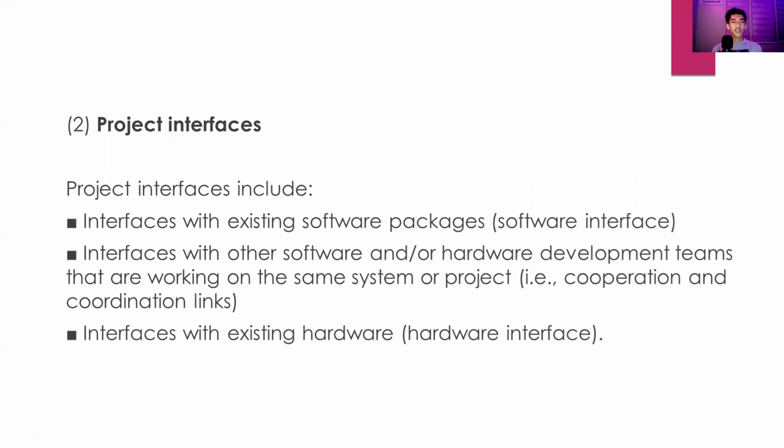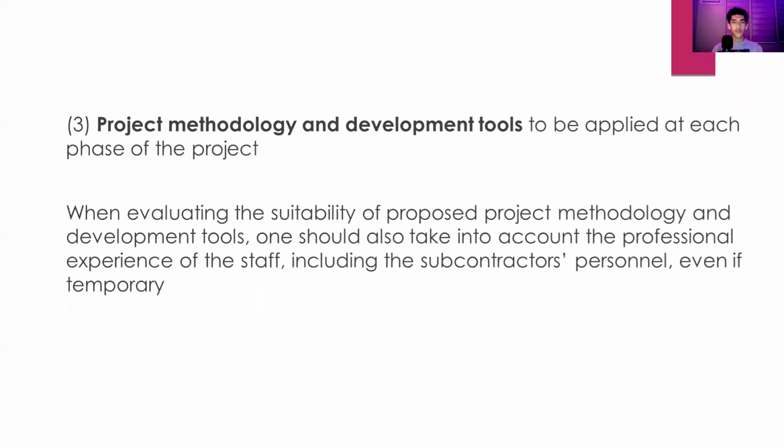Second is interfaces with other software and hardware development teams that are working on the same system or project, for example cooperation and coordination links. Lastly, interfaces with existing hardware, or what we call hardware interface.